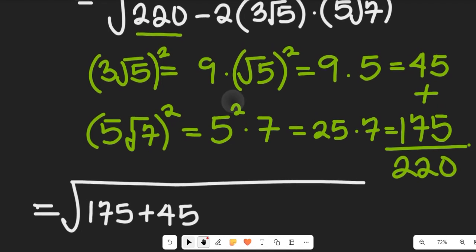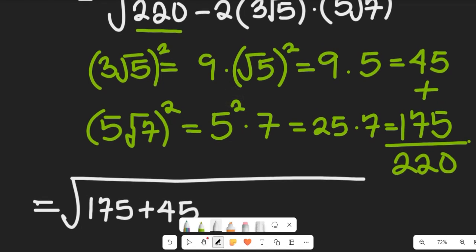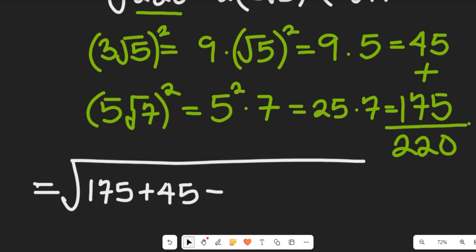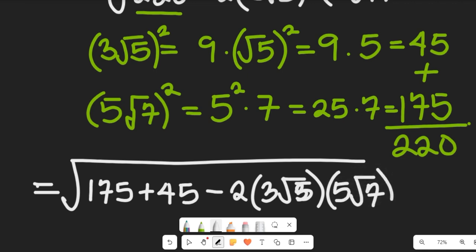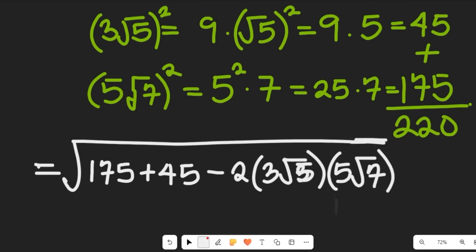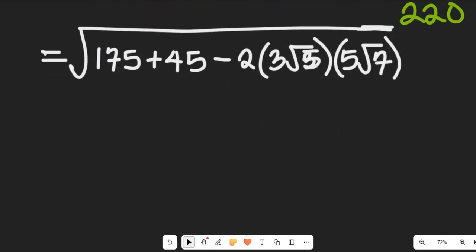Then we'll now look at minus 2 multiplied by 3 root 5, right? Multiplied by 5 root 7, multiply by this, and this will be equal to this. So from that expression, we have simply simplified that expression.